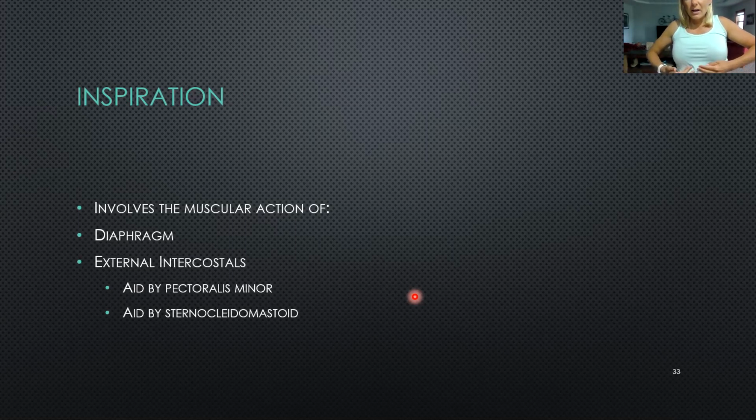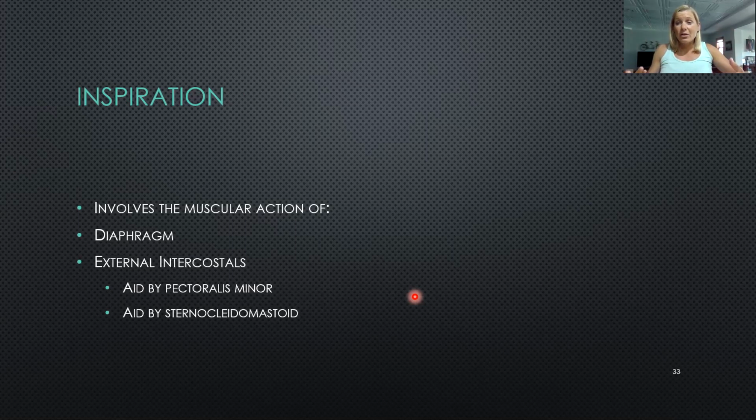And when I go to breathe in, hang on, I'm going to push that diaphragm down, actually. Okay, so when the diaphragm contracts, it presses down, and that's going to allow me to open up the thoracic cavity. External intercostals are going to help me pull the ribs out and up, so they're going to pull the ribs anteriorly and superiorly.